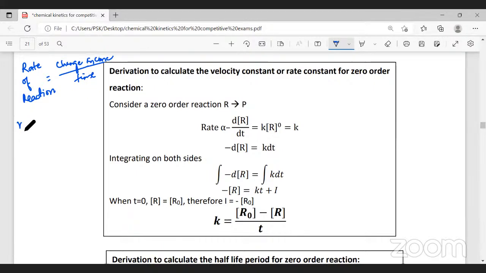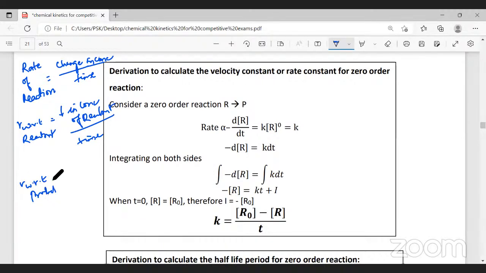Now, how do you define rate of a reaction with respect to reactant? The concentration of reactant has to decrease. So it is the decrease in concentration of the reactant with respect to time. What will be the rate of a reaction with respect to product?